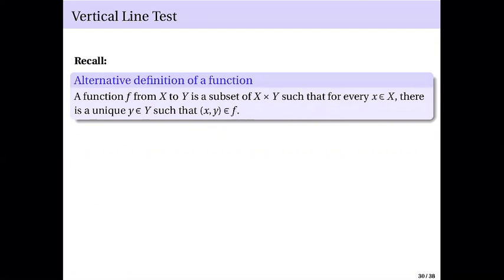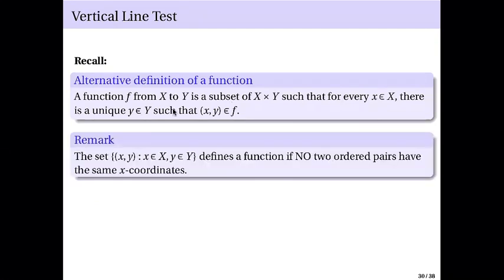With this definition, we have the following remark. The set of (x, y), where x is in capital X and y is in capital Y, defines a function if no two ordered pairs have the same x coordinates.